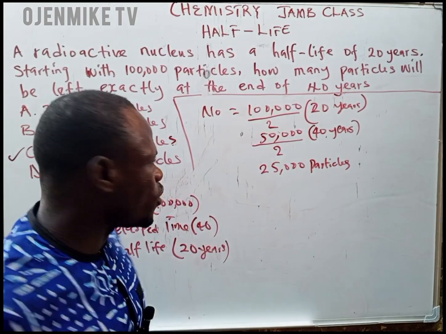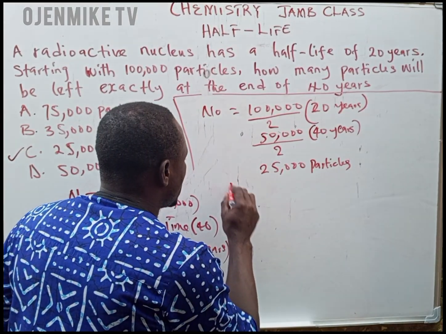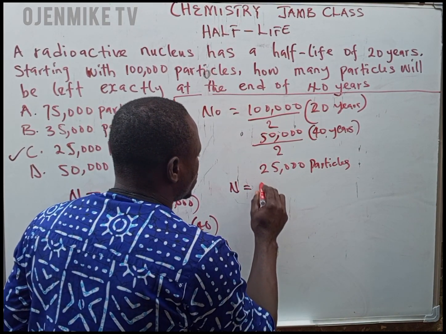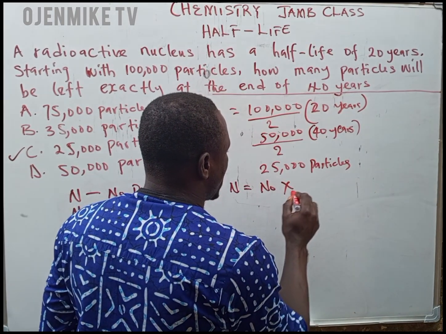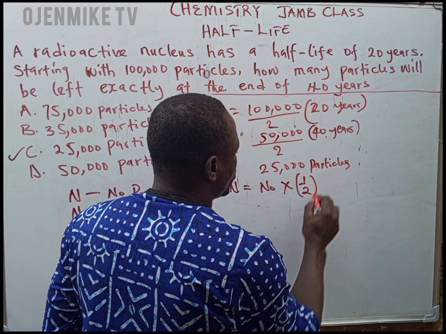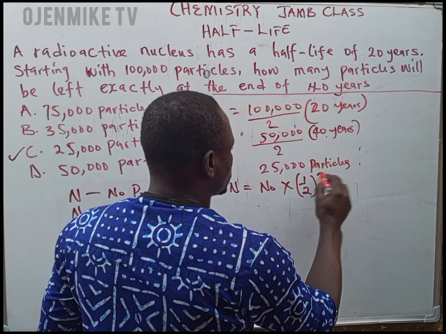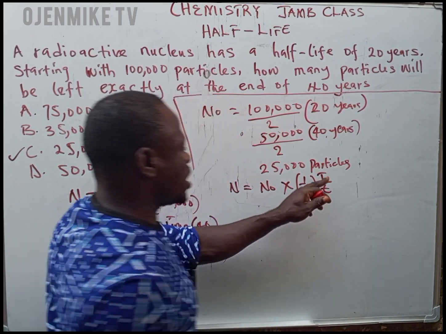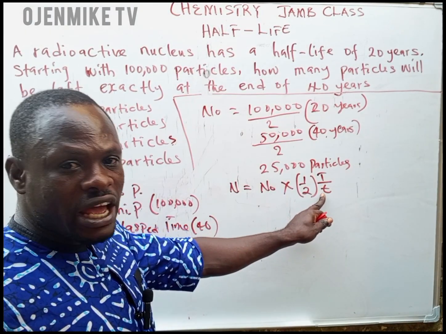Now let's use a formula. The first formula I'm going to give you is N equals N0 times 1 over 2, raised to the power of T over t, that is, elapsed time over half-life time.